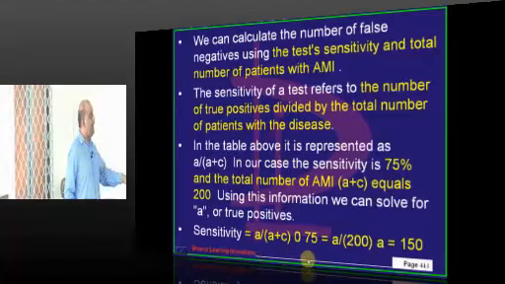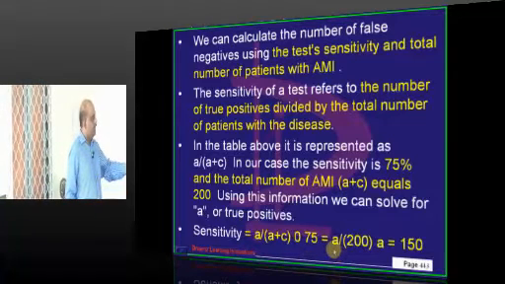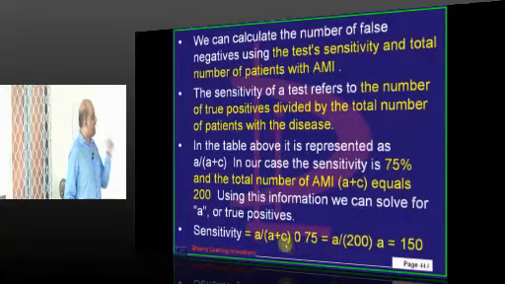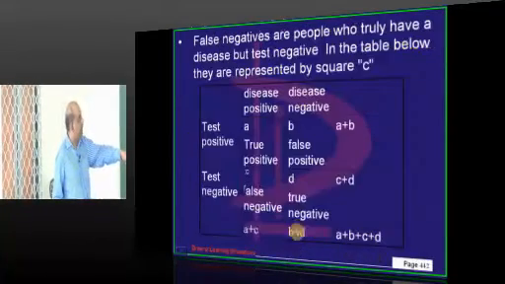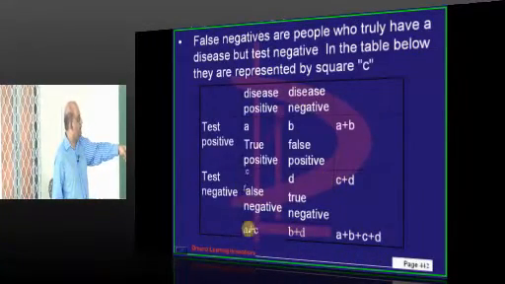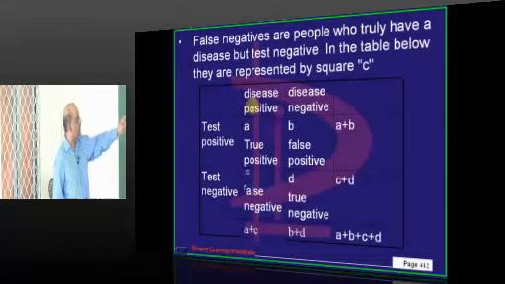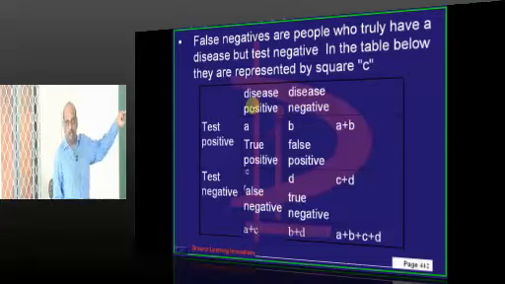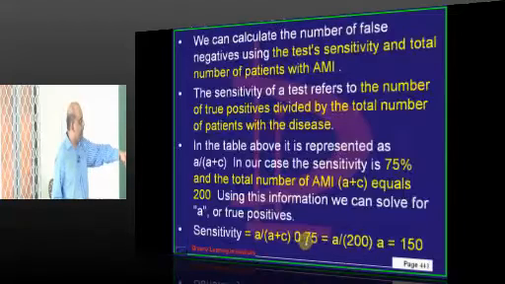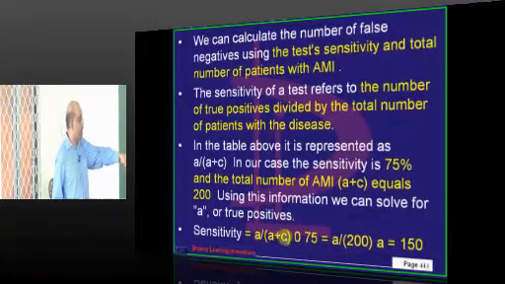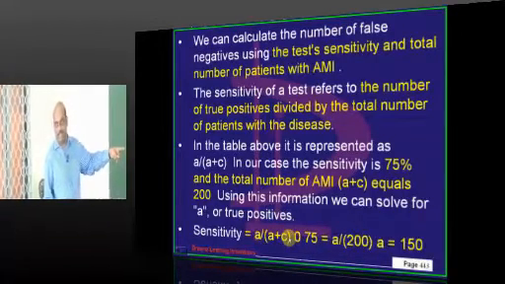Sensitivity is equal to A by A plus C. In this case, what is the value of A plus C? A plus C becomes all the people who are disease positive, which is those who are having AMI. So A plus C will be 200 in this case.